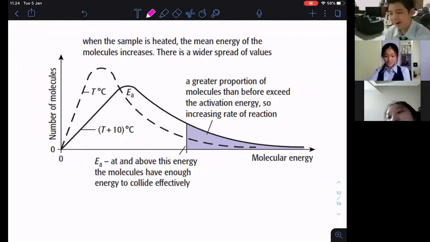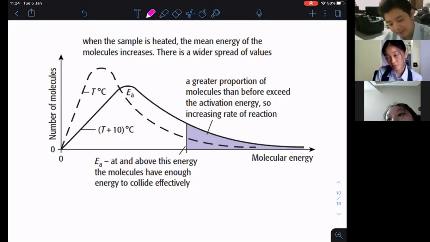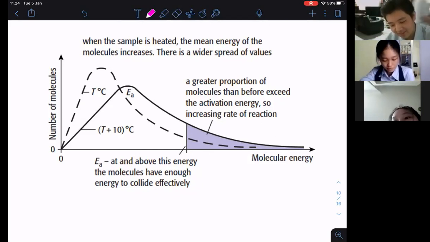Locations and the number of molecules per energy, like the frequency. For example, if we look at this graph, any given point on the x-axis points to a certain molecular energy, starting from 0 to a greater molecular energy. At the beginning of the graph, the number of molecules with 0 energy is 0.